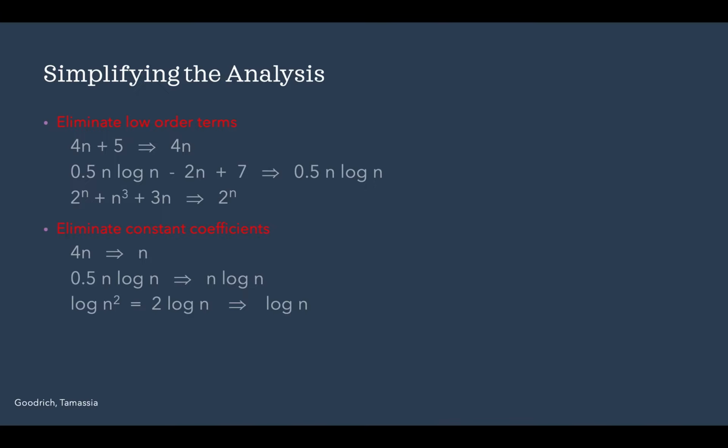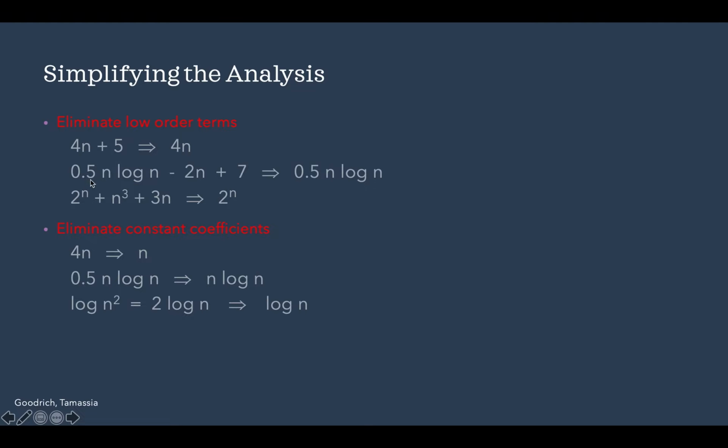Another simplified analysis is to eliminate all the lower order terms, because the dominating term is going to take the upper hand. Whatever the worst case, more time is spent on this 4n. So I need not consider any lower order terms when I go for big O notation. It's a worst case. So 4n.